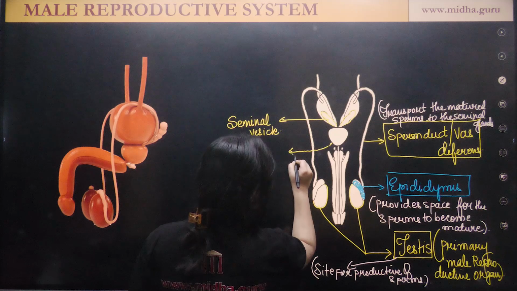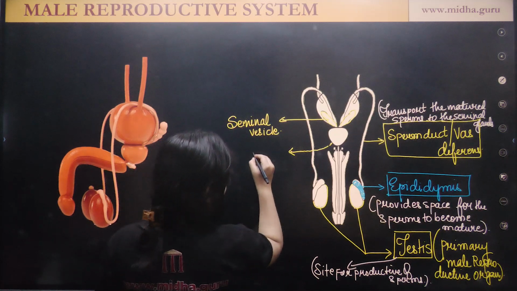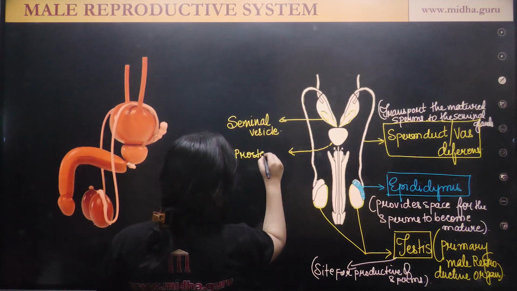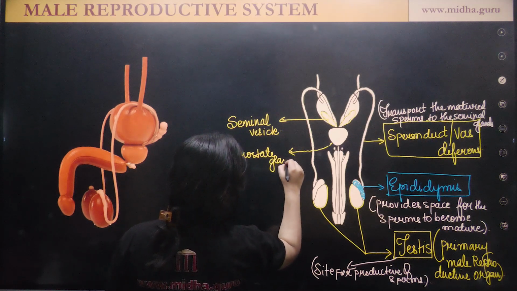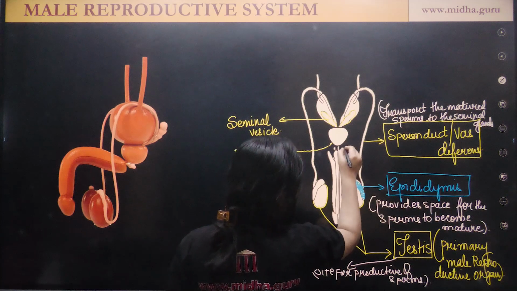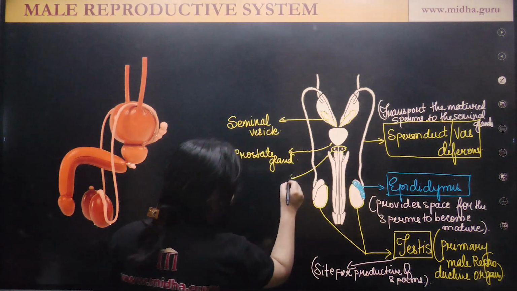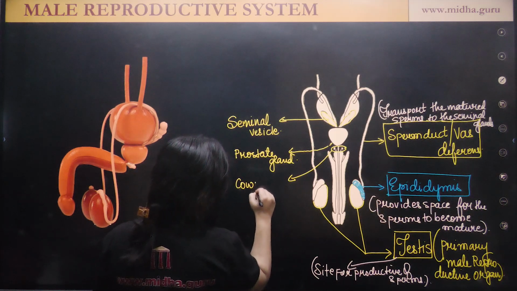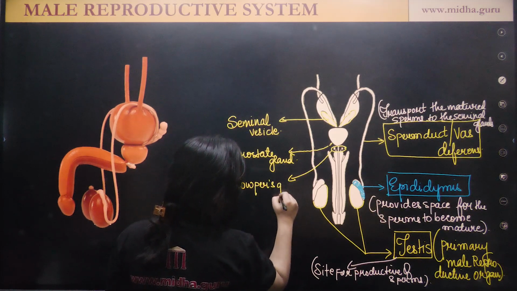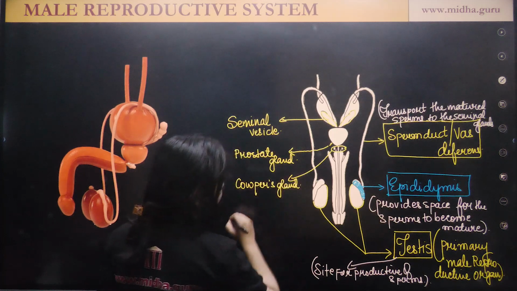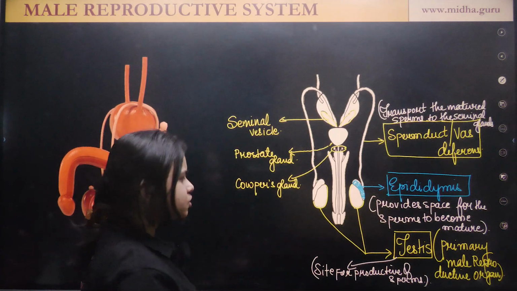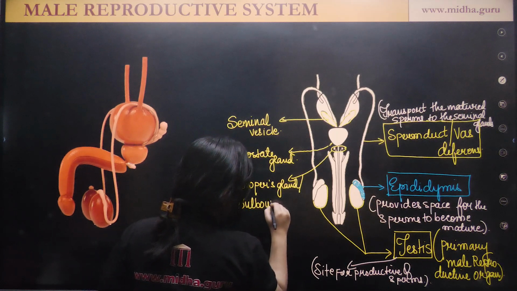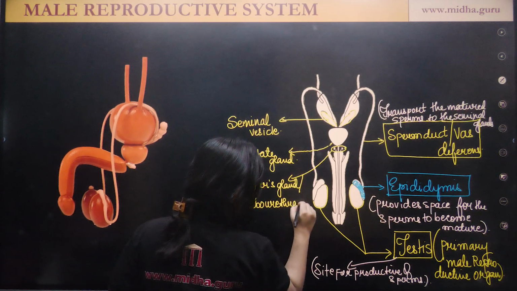We call it the prostate gland. And lastly, if you see this part of the diagram carefully, we call it Cowper's gland. More technically, it is also called the bulbourethral gland.